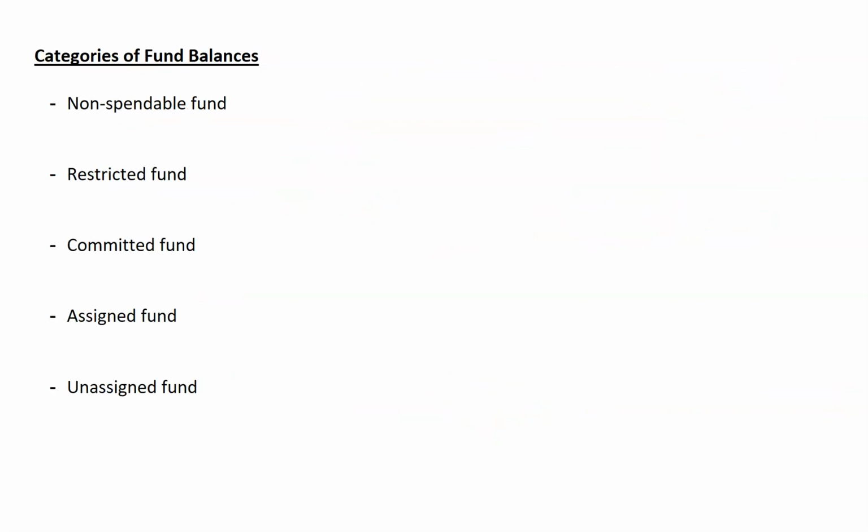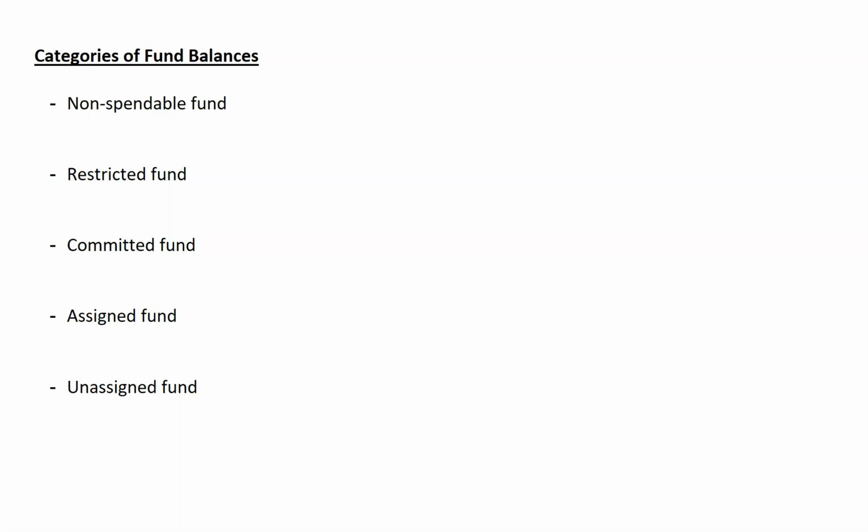Now we will discuss fund balances. If you imagine the balance sheet of any fund, they will have assets on one side, and they may have deferred outflows, and then they will have liabilities on the other side and deferred inflows. Now the difference between assets plus deferred outflows and liabilities plus deferred inflows, we call it fund balance.